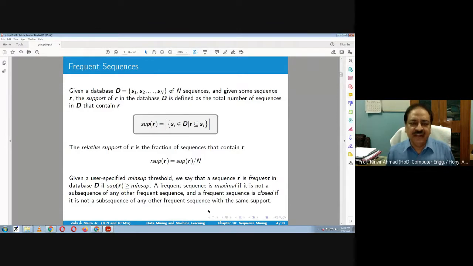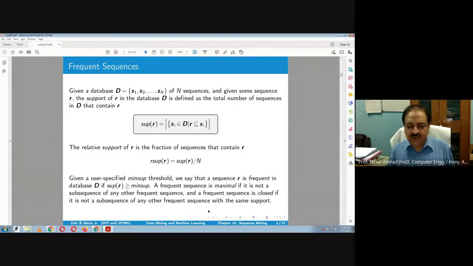Now, suppose I have a database D which contains S1, S2, up to Sn, so there are n sequences. Given some sequence R, the support of R in the database D is defined as the total number of sequences in D that contain R.